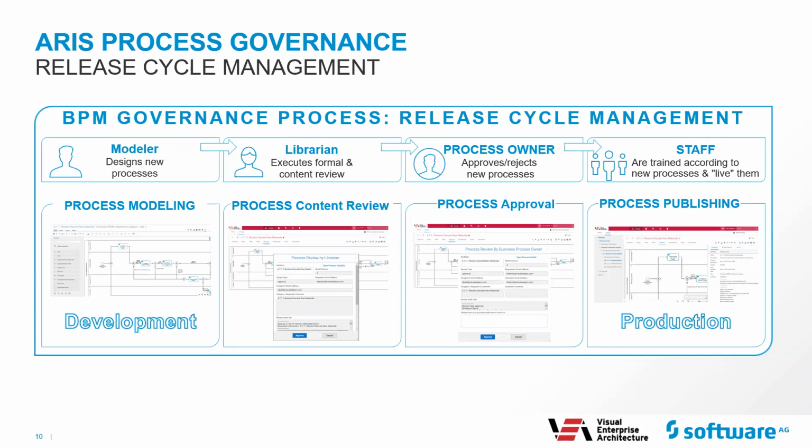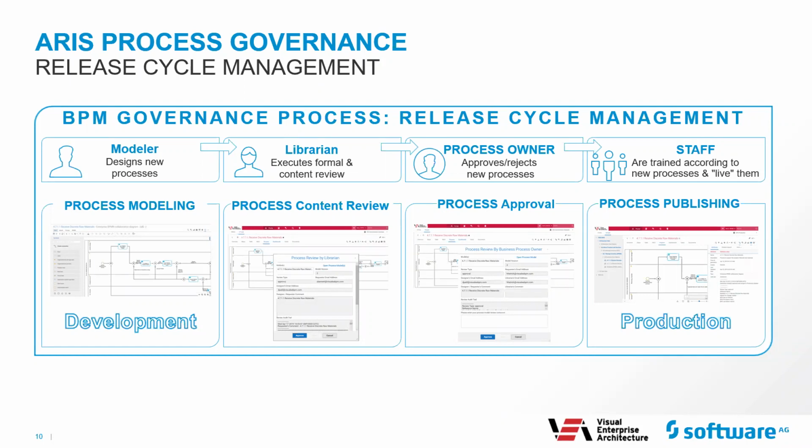We have a librarian who executes a formal and content review. We have a process owner who approves or rejects either the new process or, let's say, an updated process. And then we have the staff, who are essentially the recipients of the approved process. They'll either be trained on it or the process is live to them.